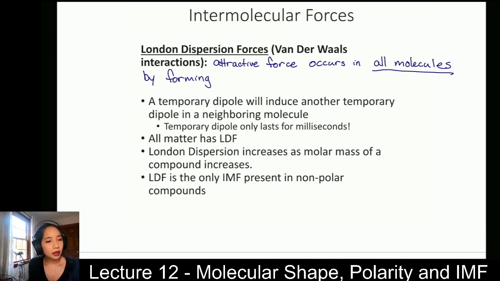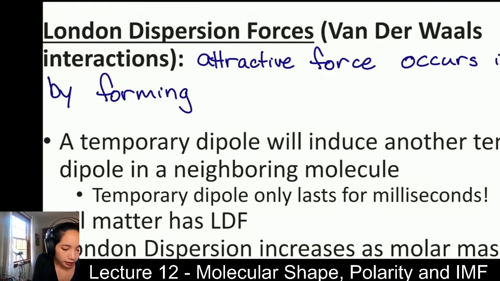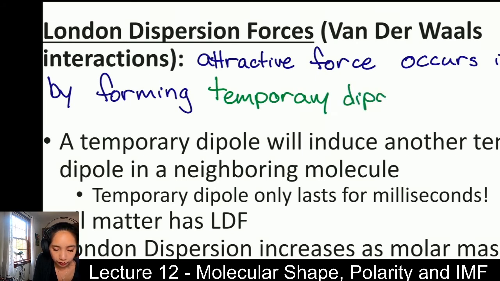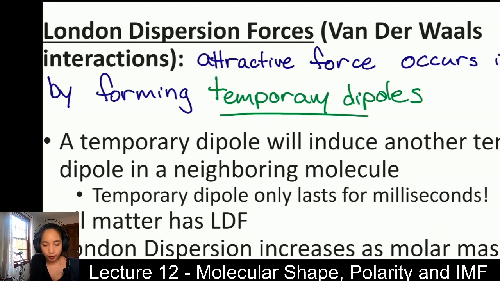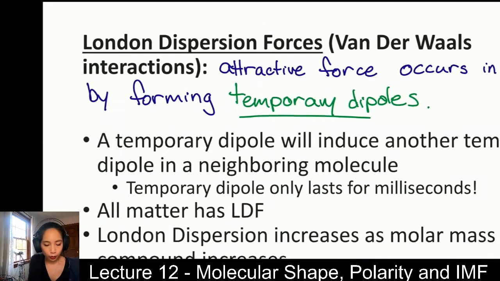So my definition for London dispersion force is it's an attractive force because it is an intermolecular force that occurs in all molecules by forming, and I kind of already hinted at it, temporary dipoles. So I'll explain to you in the next slide what temporary dipoles or instantaneous dipoles mean.